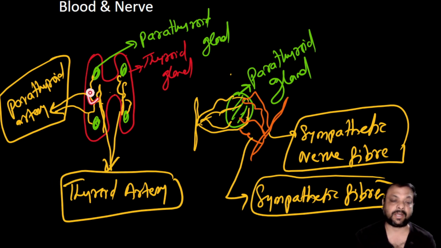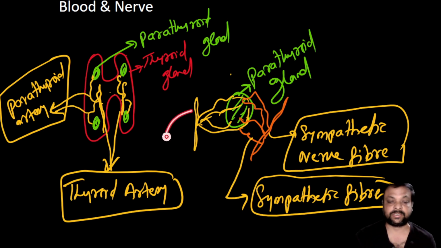From the thyroid artery, branches are attached to the parathyroid gland, and these arteries supply blood to it.